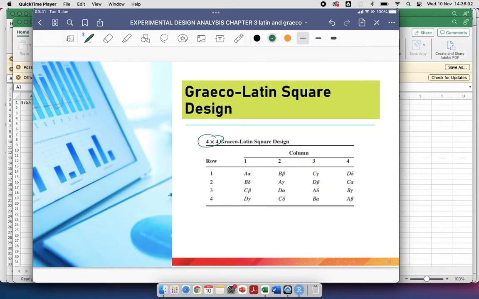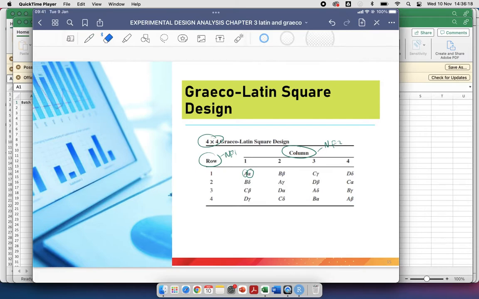For example, like this, it has rows and columns. The row will be nuisance factor 1, this one is nuisance factor 2, A will be the treatment, and alpha will be nuisance factor 3.